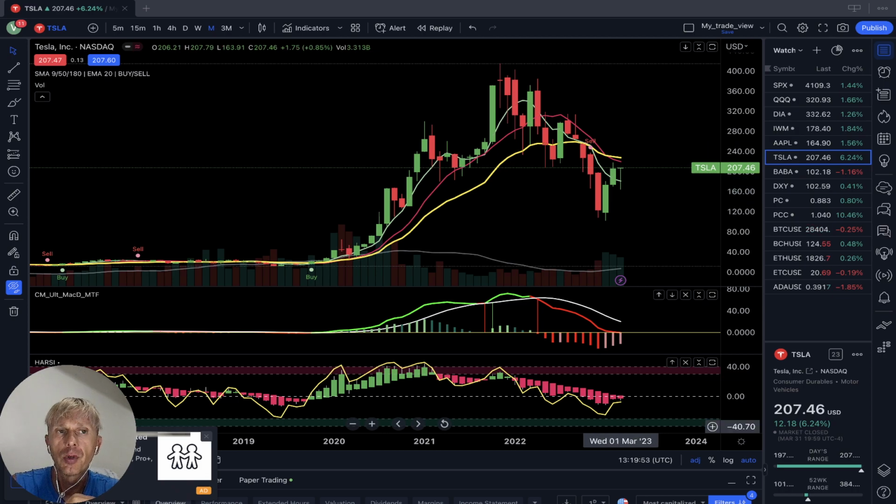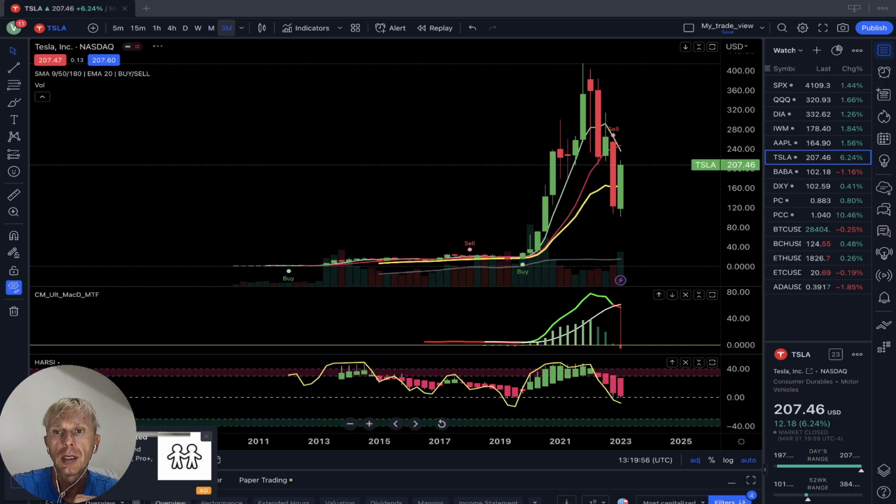And let's see quarterly. For Tesla, it is bearish also, right? Quarterly, it is so bearish. Sell signal still bearish. No changes, no changes.